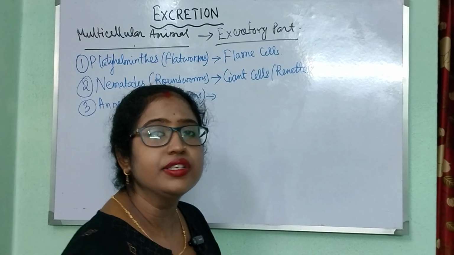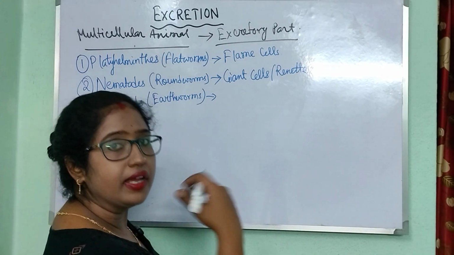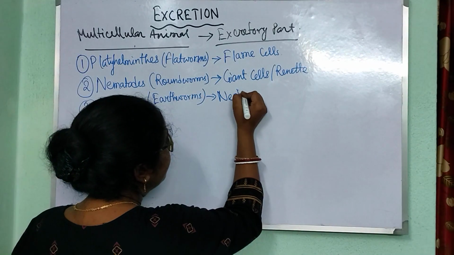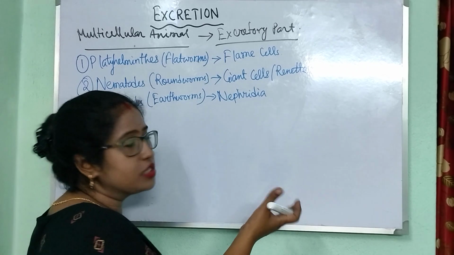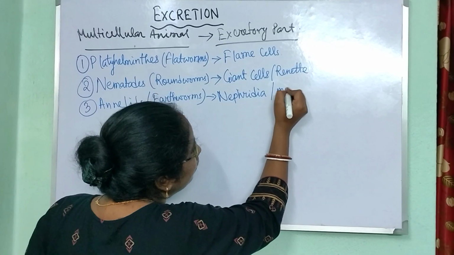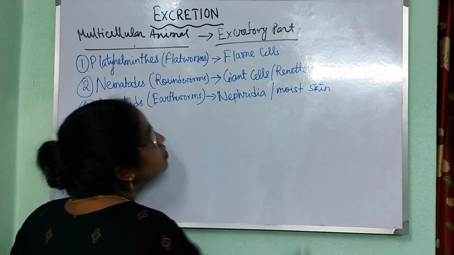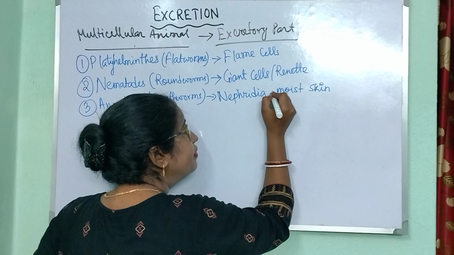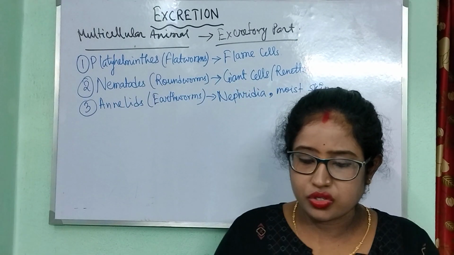They excrete in two ways. One is through their excretory organ that is known as nephridia, and they also excrete their waste material from their moist skin. So they excrete their products by the nephridia and through their moist skin also.